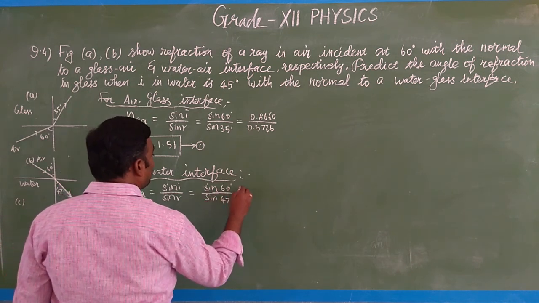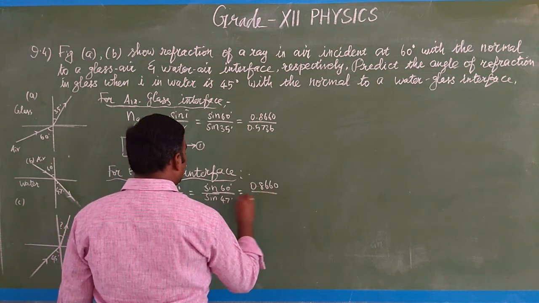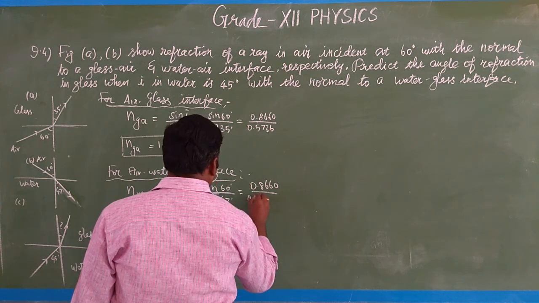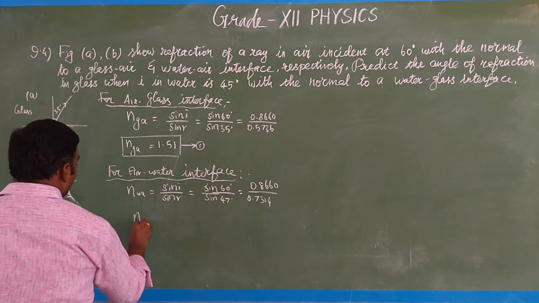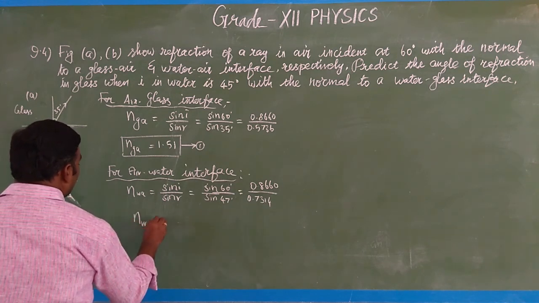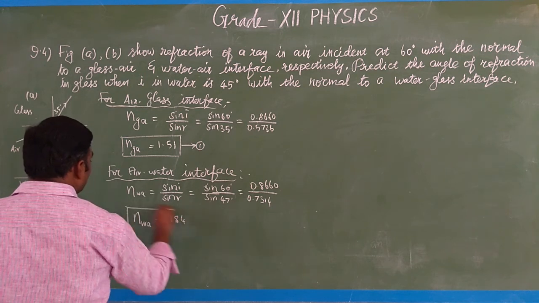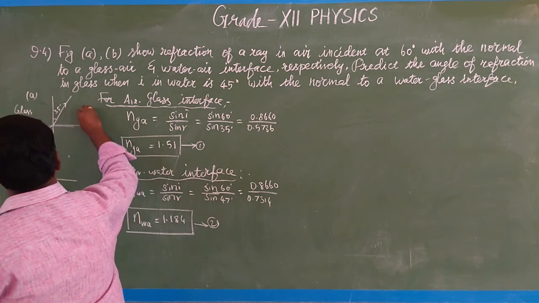Already we know the value of sin 60, which is 0.8660, divided by sin 47, which is 0.7314. By taking the ratio, the refractive index of water with respect to air is 1.184. So this is equation number 2. So these two cases are over.